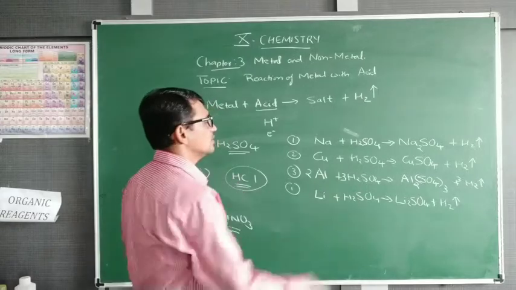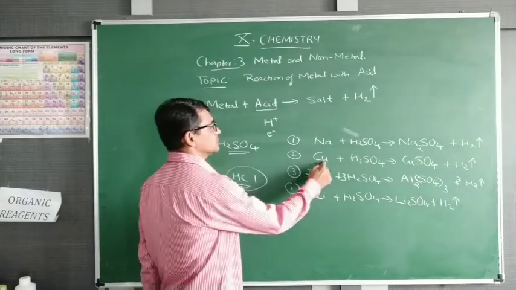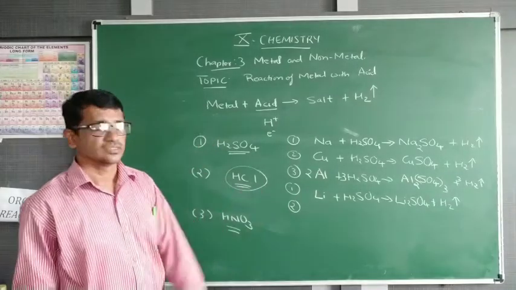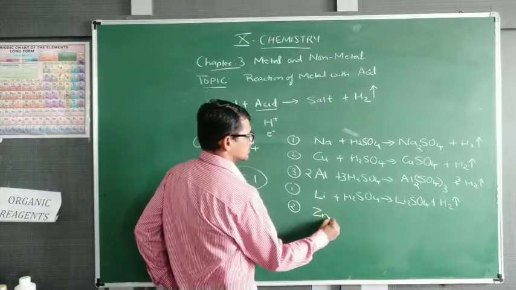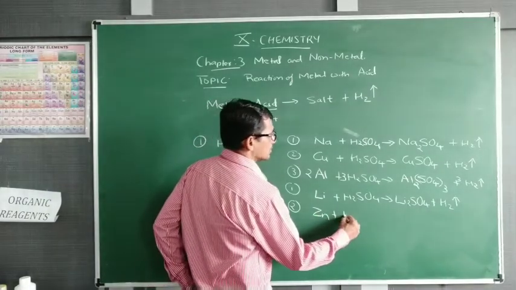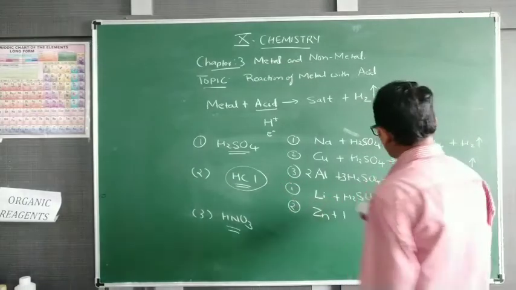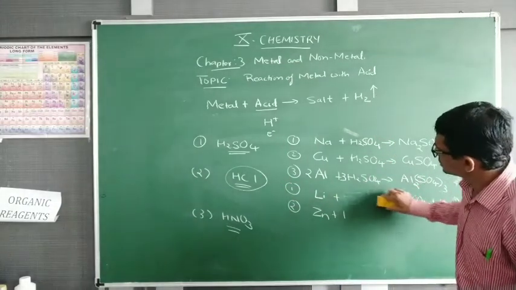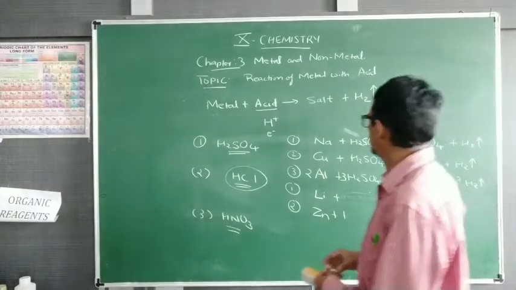For the second reaction of hydrochloric acid, instead of copper we take a second metal, that is zinc. Zinc when it reacts, we discuss HCl. Instead of H2SO4 we take HCl now.